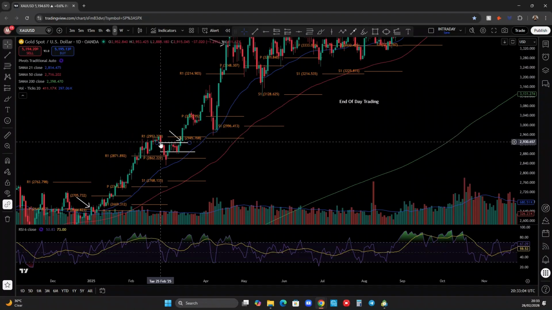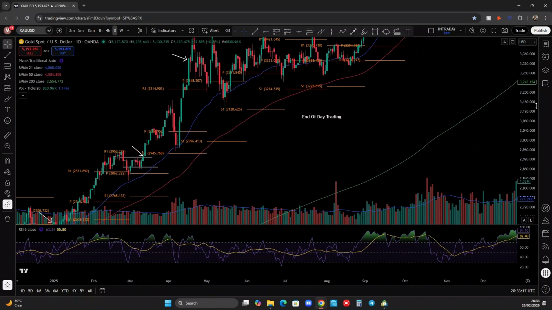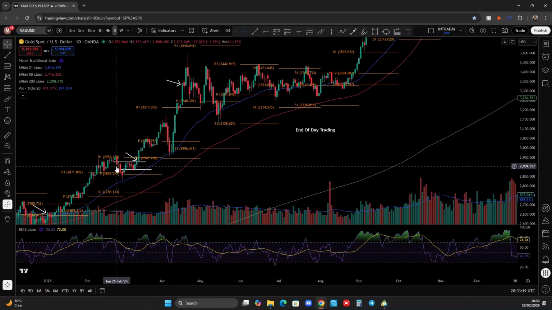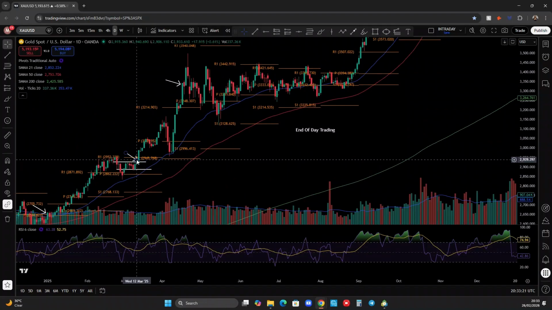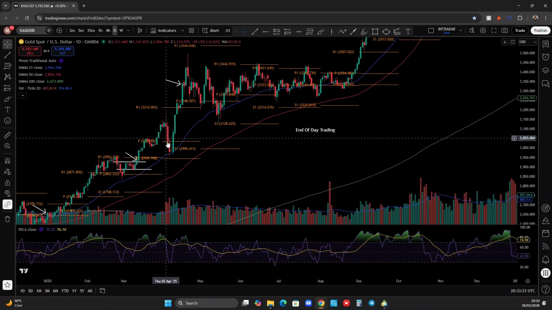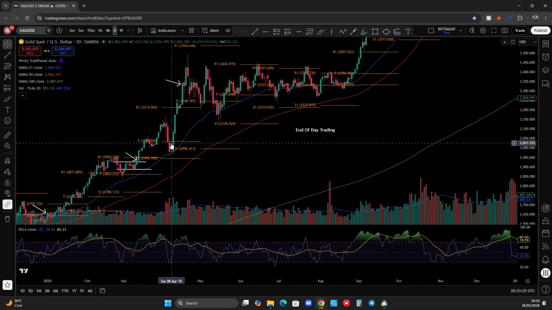Then the next one is February 24th, and the next entry is March 12th, okay, which is not bad. That's less than a month. Then you take the market up, you have that pullback, which will probably stop you out.